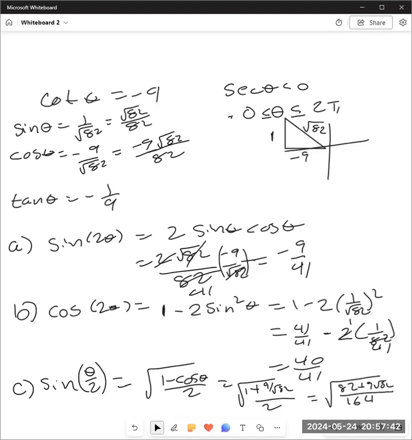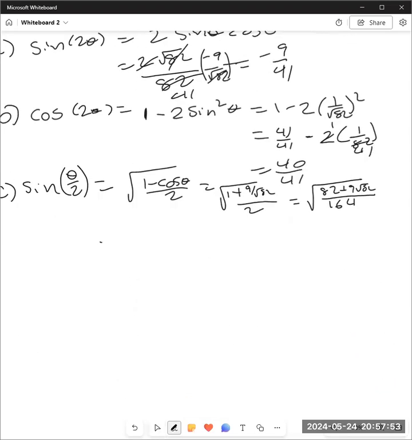And then we have 4 times 41 in the denominator, so that 4 can come out here, like so.